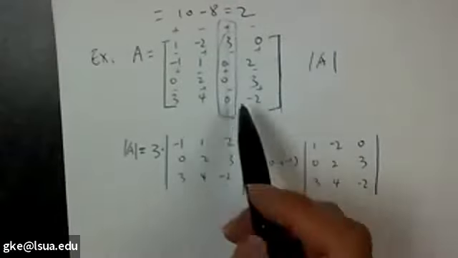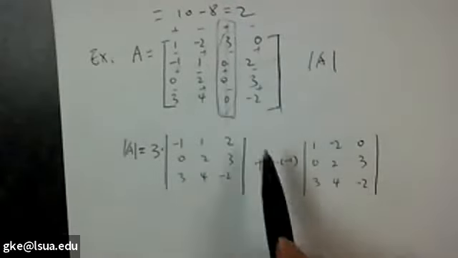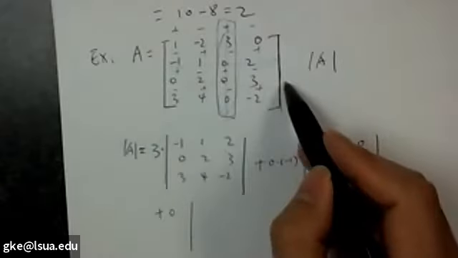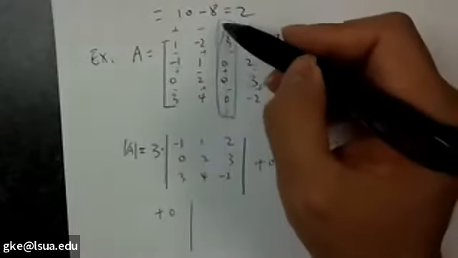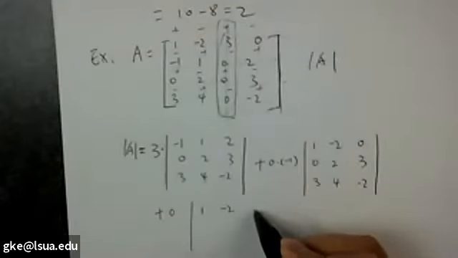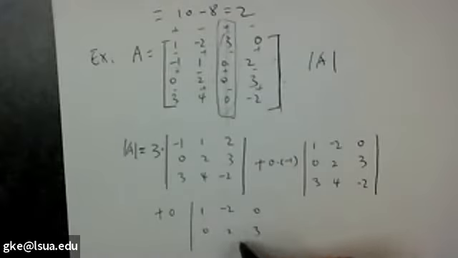And the third element is a positive. We cross out the third row and the third column. So yes, 1, -2, 0, 0, 2, 3, 3, 4, -2.